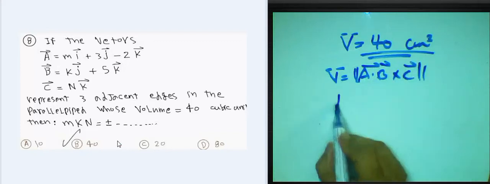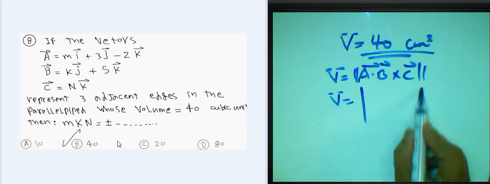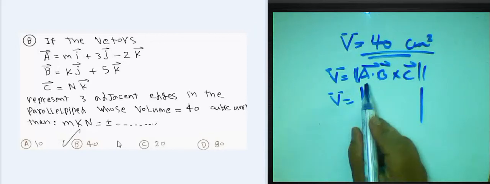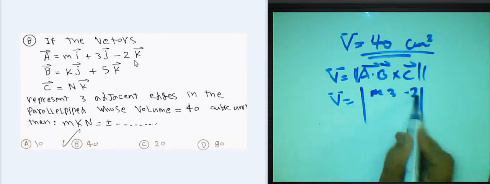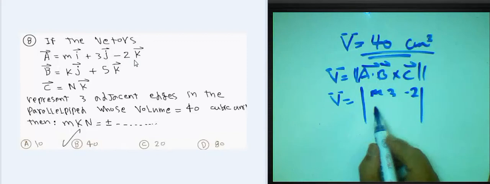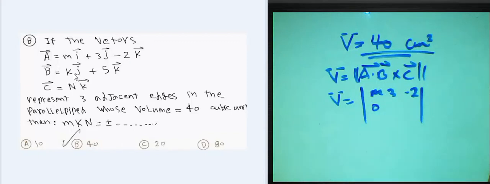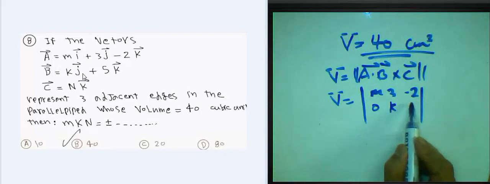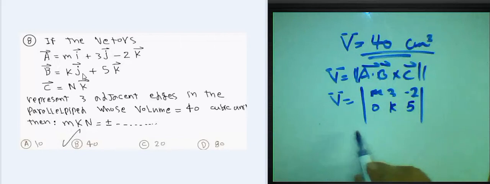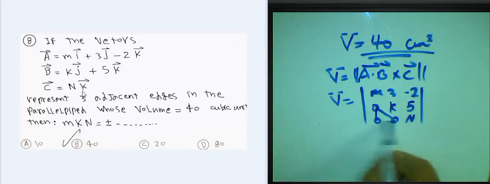Then we can find the volume. Look with me: vector A is (m, 3, negative 2), and vector B equals 0 for i, k for j, and 5 for k, and C equals n times k, so coefficient of k is n: (0, 0, n).